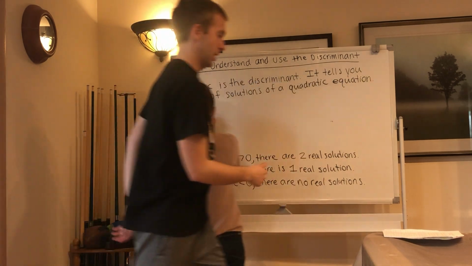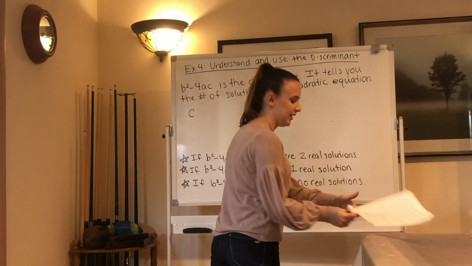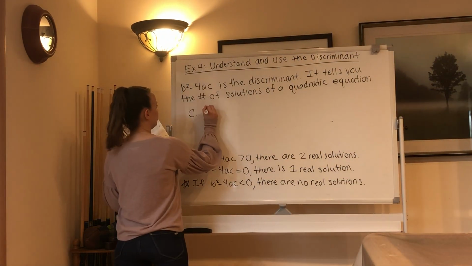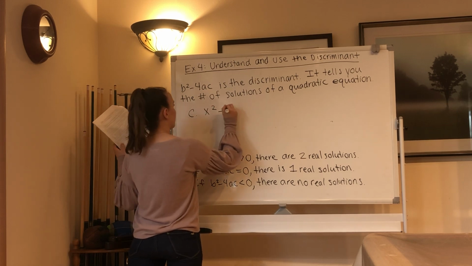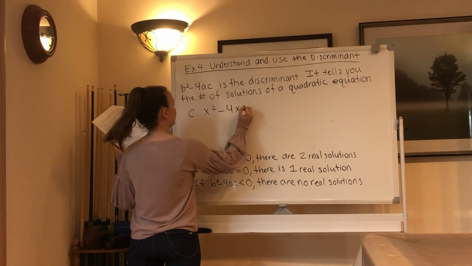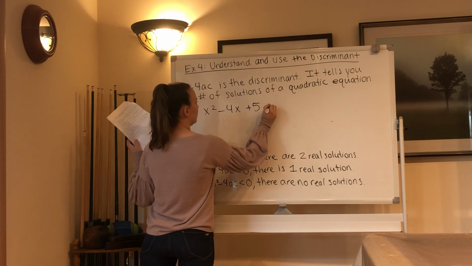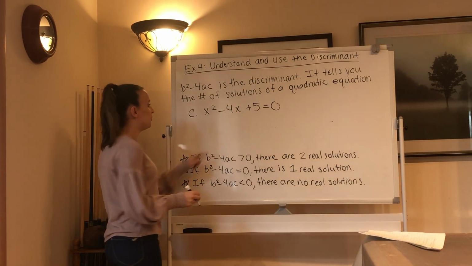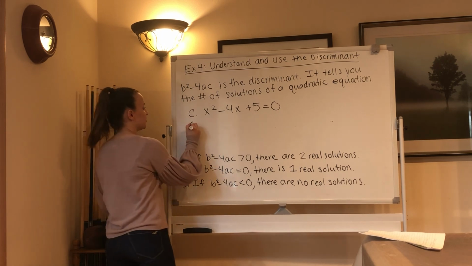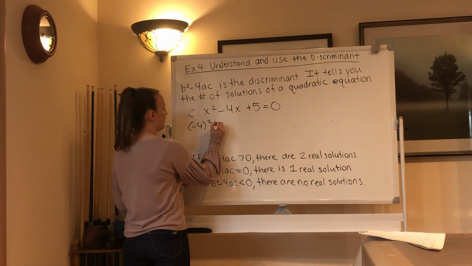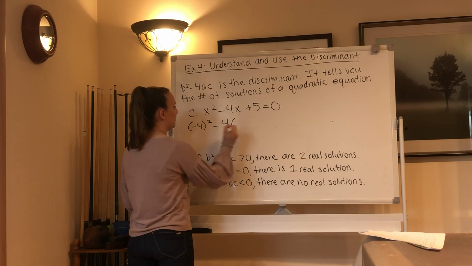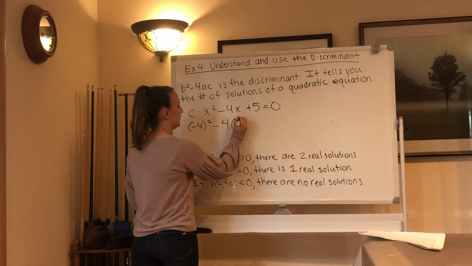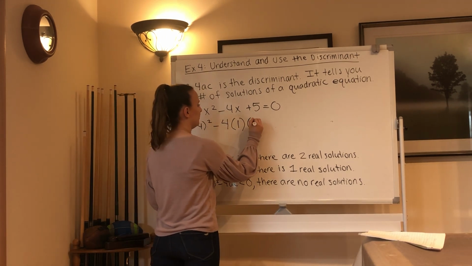Okay, C is x squared minus 4x plus 5 equals 0. So b squared, negative 4 squared, minus 4, a is 1, c is 5.